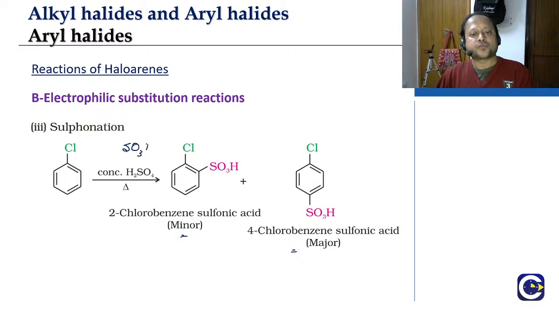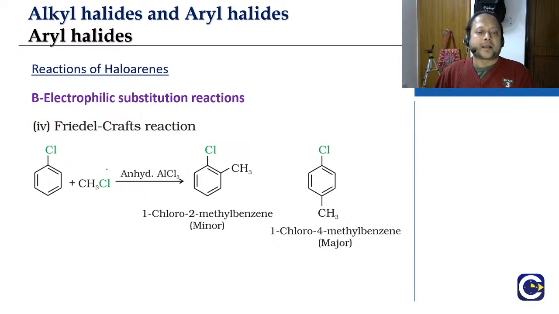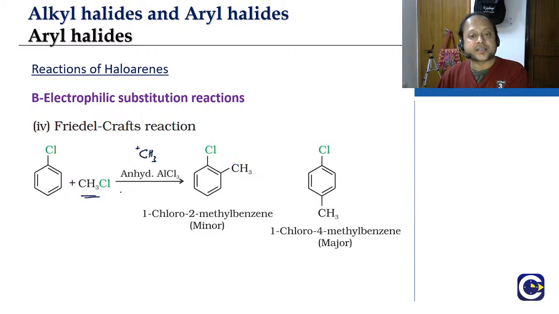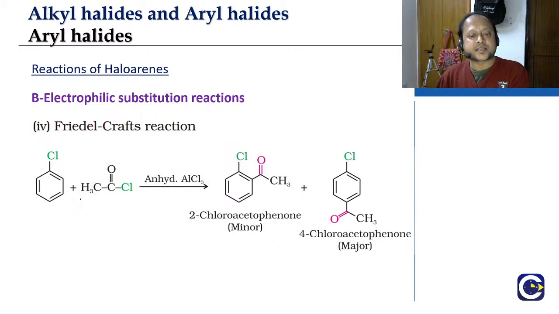In some cases the mechanism is with SO3 also. And here the carbocation formation happens, so the methyl carbocation is our electrophile over here, right? So that was Friedel-Crafts alkylation. In acylation, this is the acyl group, so you are again going to have C double bond O CH3. This is the electrophile that is going to attack.